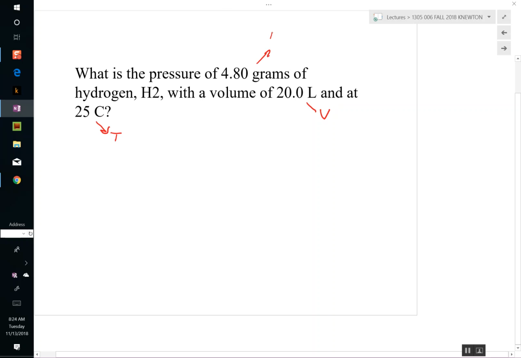Here we have the amount of the gas, but it's in grams. And what is the pressure? So there's pressure, temperature, volume, and an amount of gas. And the pressure is the... So remember, start with the law.